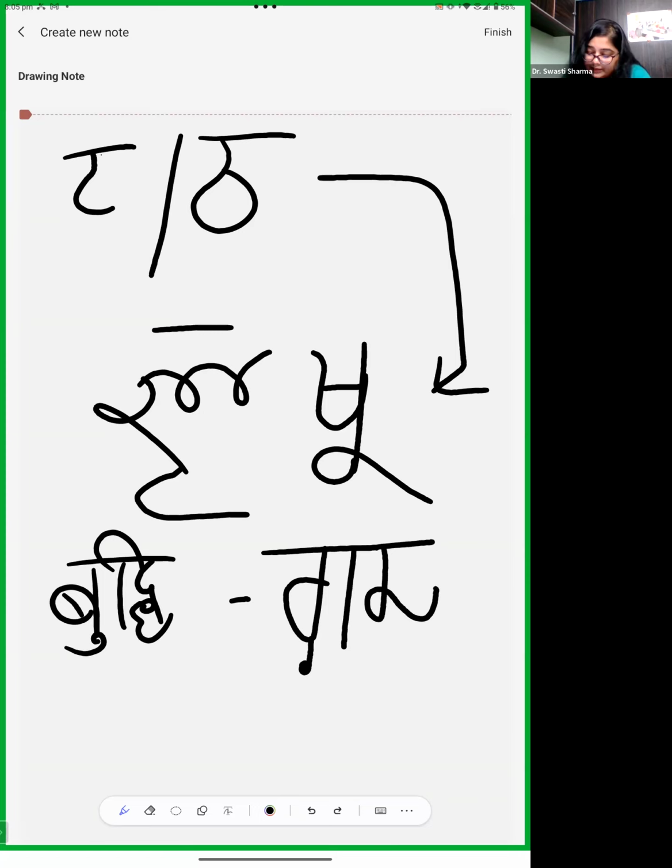So this shape indicates only the two letters, ta, tha and dha. If we join the dha, it will be used with the only. And if we are using the ta, tha, it becomes like this with only the letters which are pronounced from the palate, like ri, ta, tha, da, dha, na.